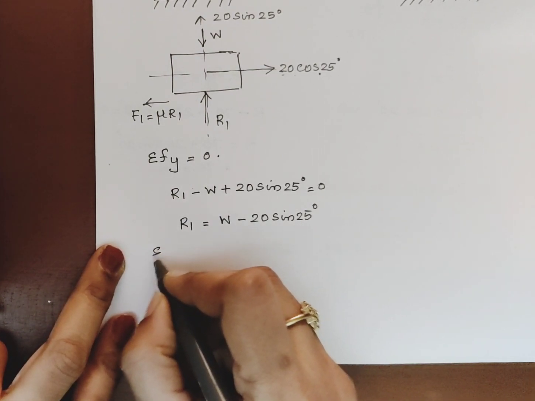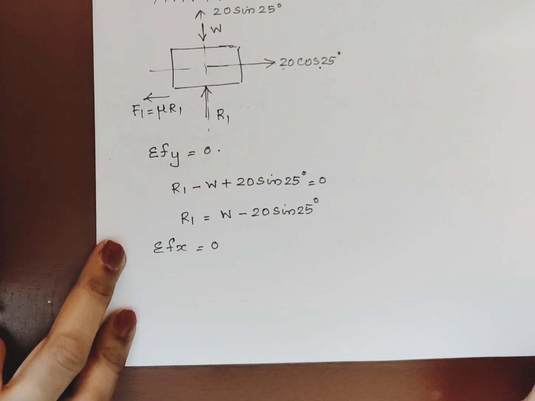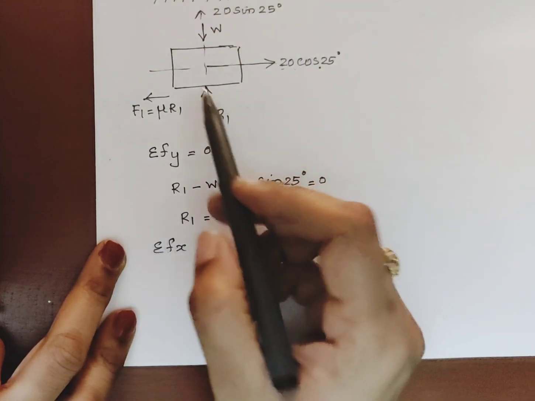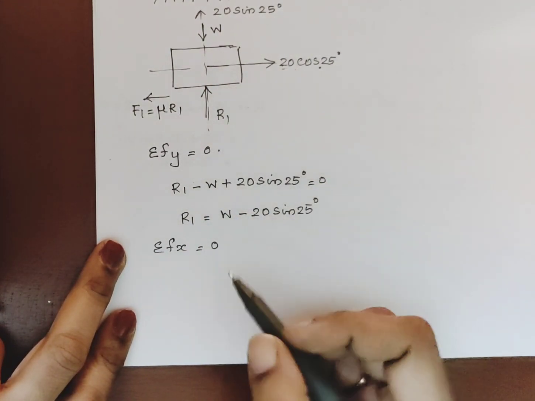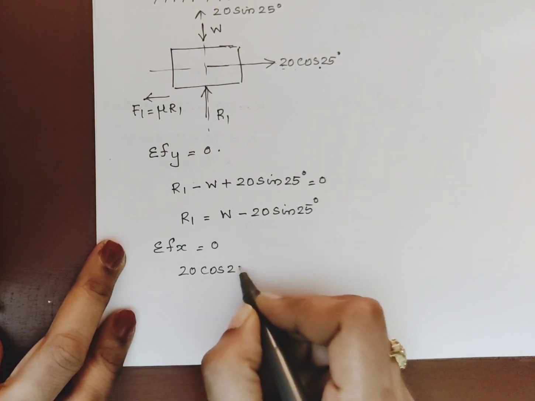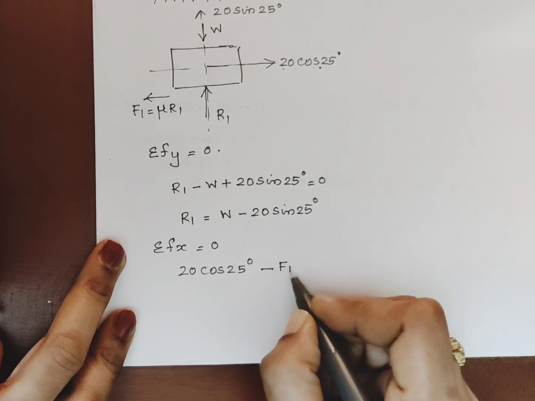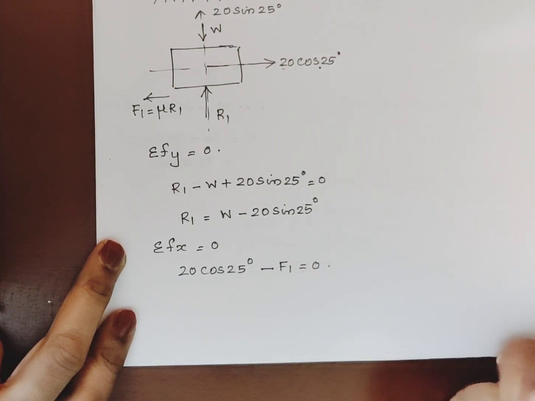So now the second equation is sigma Fx is equal to 0. So you have to consider the forces in the x direction. 20 cos 25 degree minus F1 is equal to 0.